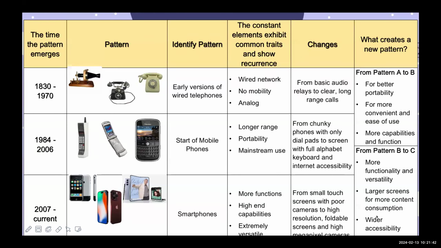But now, even the most advanced smartphones can be afforded by anyone. So more people wanted to use phones, and that need for wider accessibility produced this new generation of smartphones.